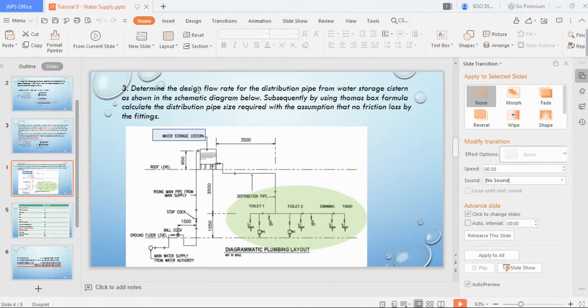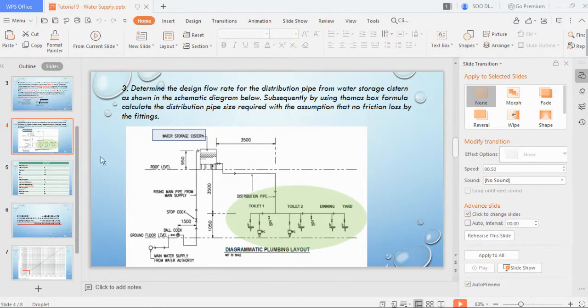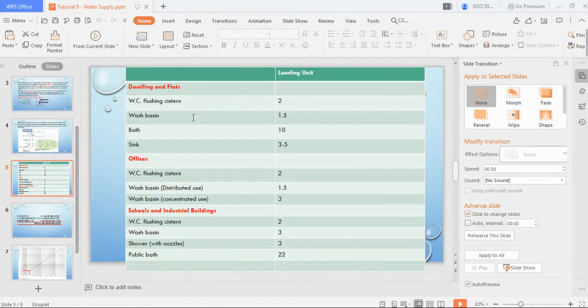And then next, we have a diagram. This diagram is asking you to find out what the pipe size requirement is. You're given a table, which is this.